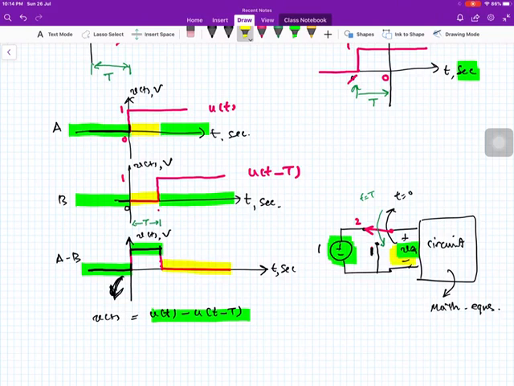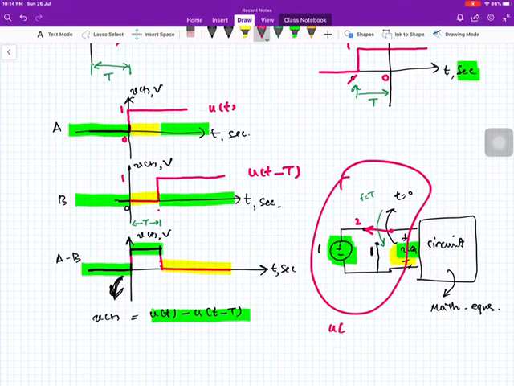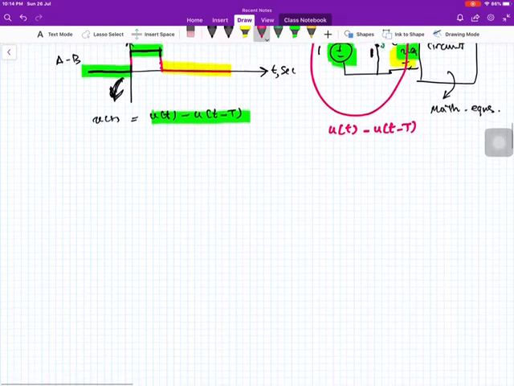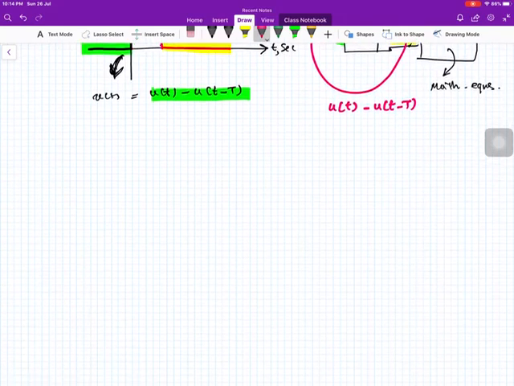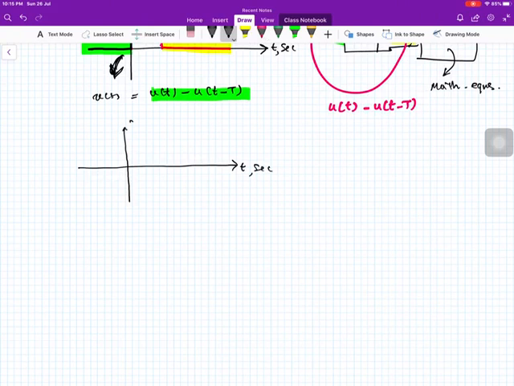So the whole encircled mechanism over here can be shown in the mathematical expression as u(t) minus u(t minus T). We may have a circuit which requires, say, 10 volts for the initial 5 seconds.